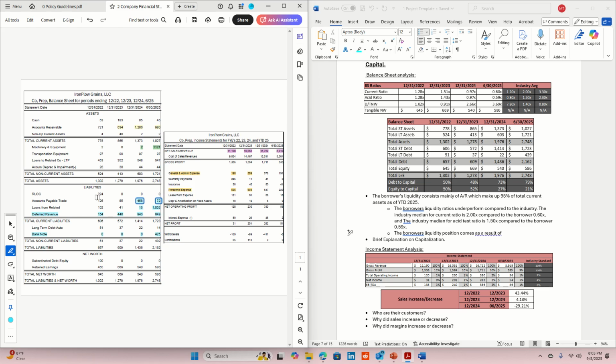So if they paid down their short-term liabilities, the only reason that this current ratio and quick ratio won't have gone up is if they incurred another liability. And in this case, it's the loans from related. So their loans from related increased by $1 million in 2025.